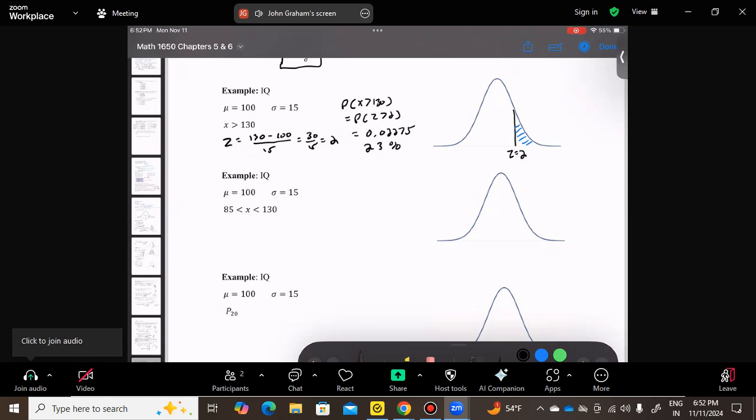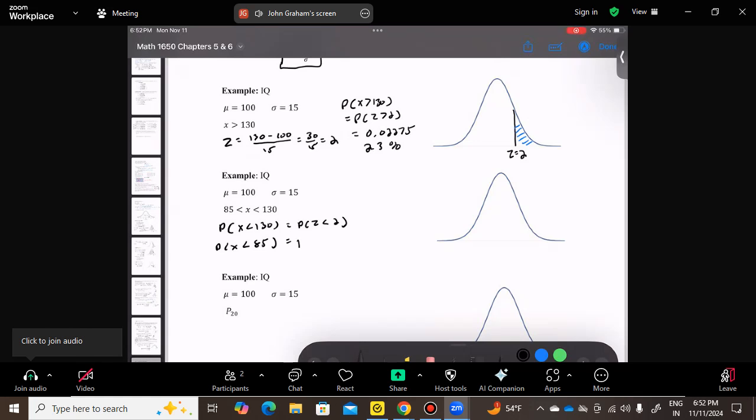So let's say we want to know the probability between 85 and 130. Again, we want the probability of x less than 130 and the probability of x less than 85. That means we have to find the probability of z less than 2, for the 130, because we already found that the z-score for that is 2.